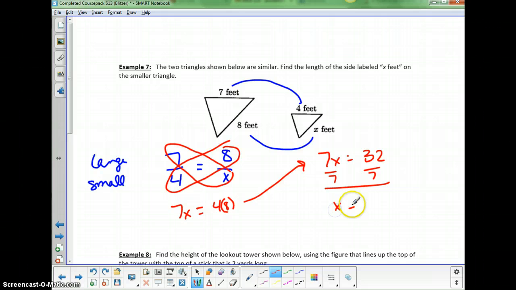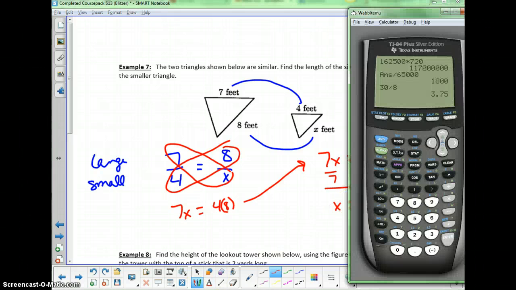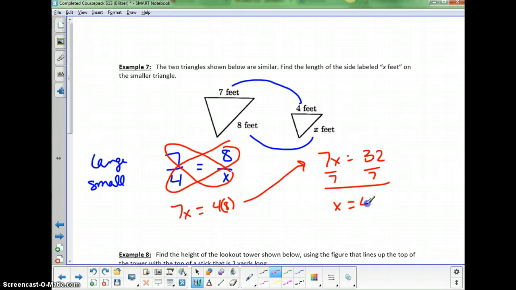Let's go ahead and get a decimal for this as well. 32 divided by 7 is about 4.57. So in order to be in proportion with the 7 and 8 triangle, the triangle that has side length x right here needs to be about 4.57 feet.